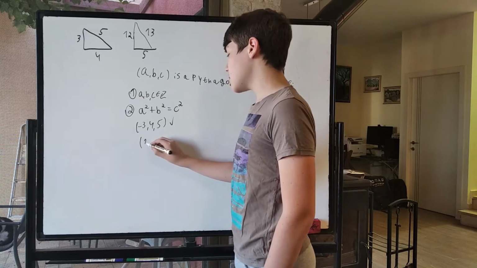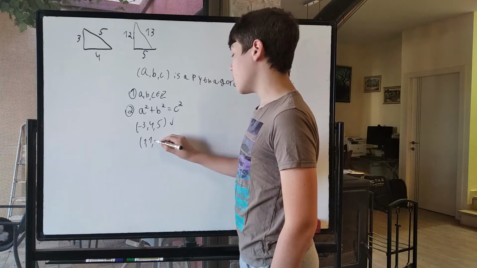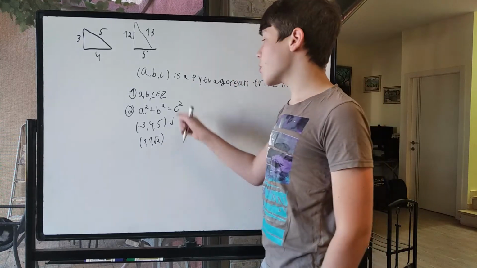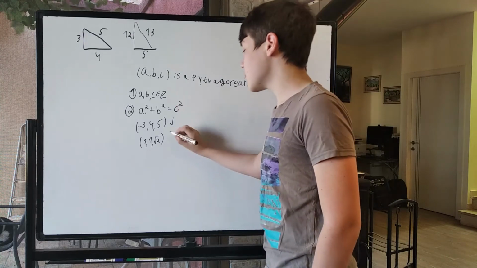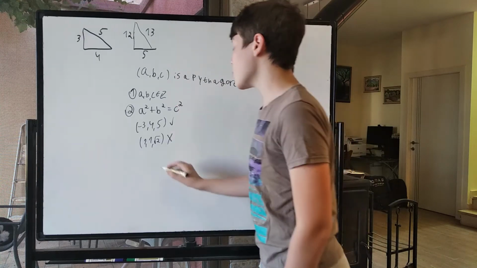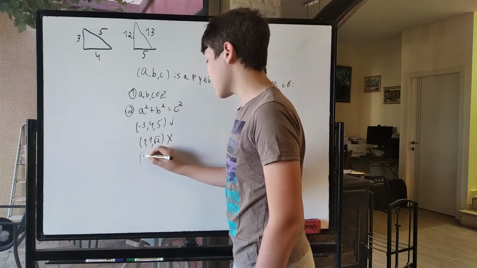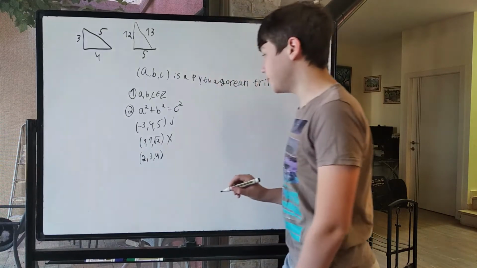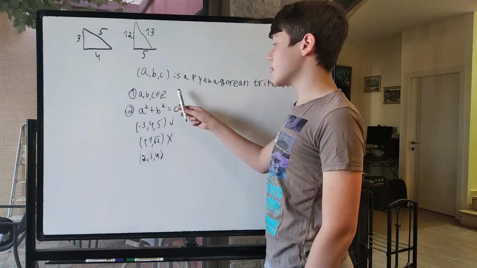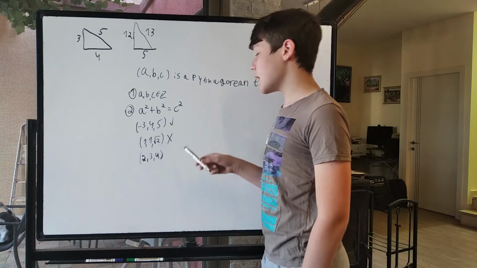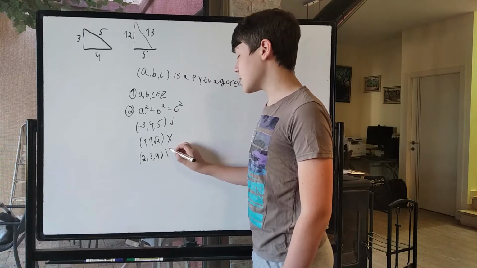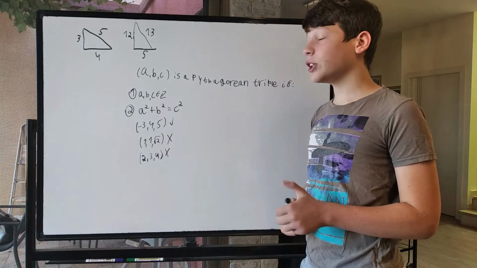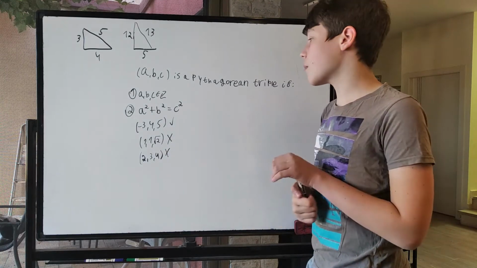But again, stuff like 1 and 1 giving you square root of 2 doesn't work. Although this is satisfied, this is not. So this is not a Pythagorean triple. And something like 2, 3, 4 satisfies this, but does not satisfy this. So stuff like this also doesn't work. But from this definition, yes, we will include negative numbers as well.